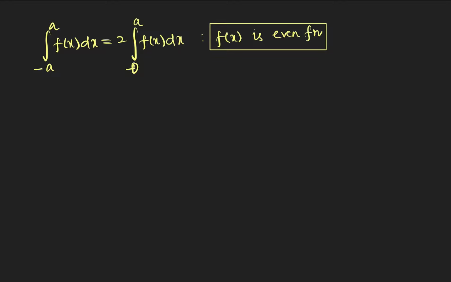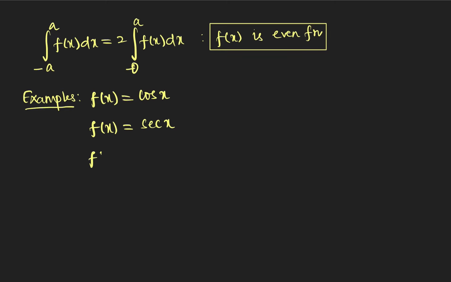Next, what are the other examples for the even function? If we consider a few more examples, f of x is equal to cos x is an even function. f of x is equal to secant x, that is the reciprocal of cos x, is an even function.